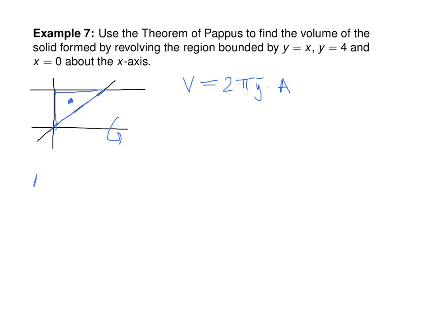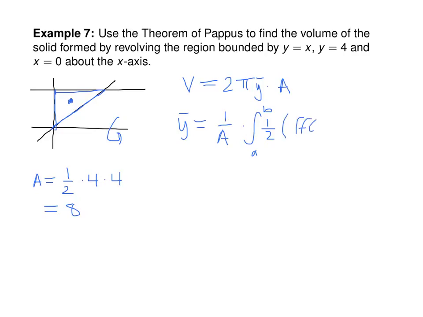First of all, this is a triangle, so the area is 1/2 the base times the height. So 1/2 times 4 times 4, which is 8. y bar is given by 1 over A times the integral from a to b of 1/2 times f of x squared minus g of x squared dx.